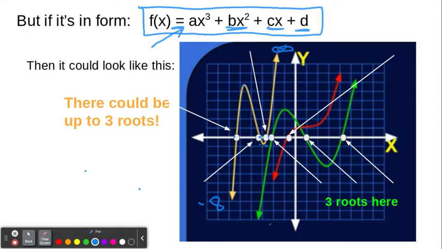This red one begins at negative infinity, touches the x-axis, touches the y-axis, does a little twist, and goes up to positive infinity. But in between, it never really comes down and hits the x-axis again. So this is what I love about cubic functions. You really never know what you're going to get. Maybe it'll be simple, maybe it won't.